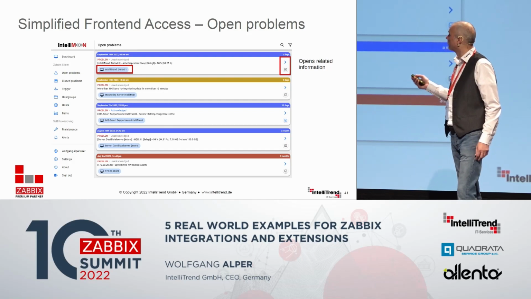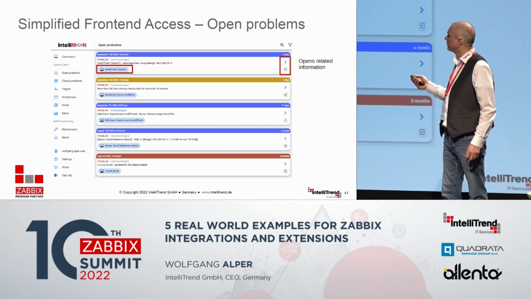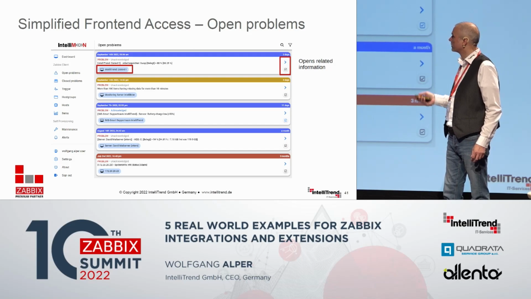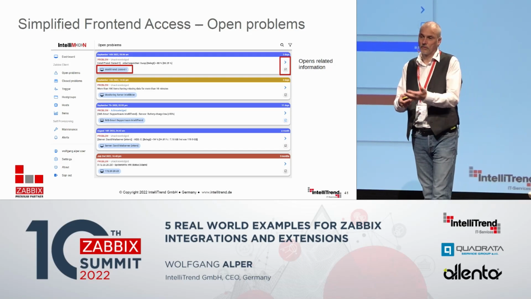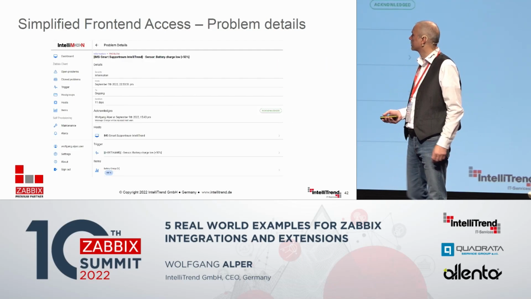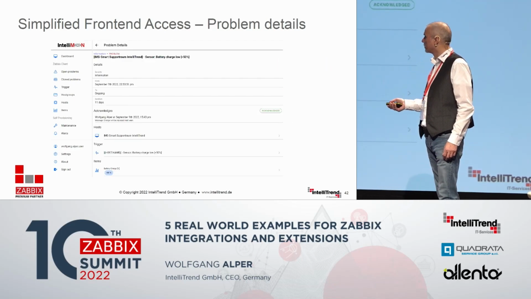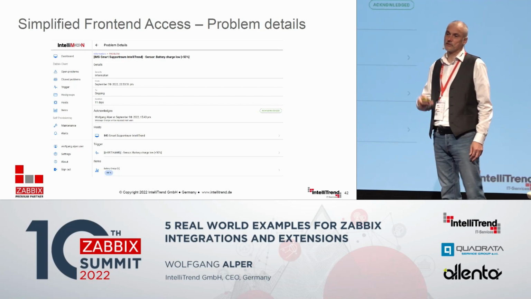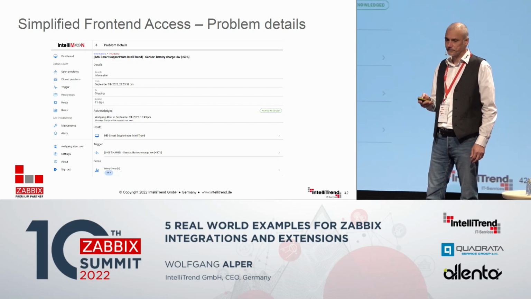These are the pages with the issues, the problems, and then you can click on a host, or you can click on details. In this case, we are clicking on details. You get all the details. It shows here the related items, those defined in the trigger definition.